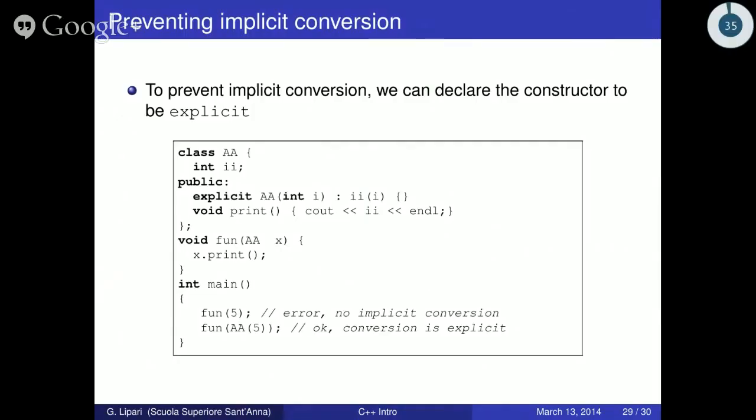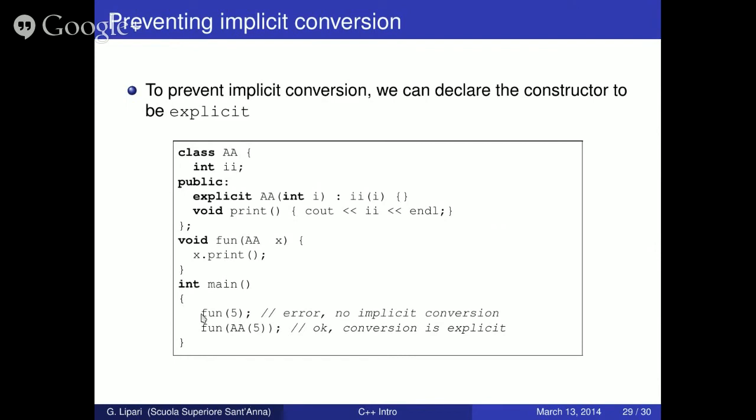So to prevent this kind of implicit conversion, we can use the keyword explicit. So basically in front of the constructor you write explicit. And this means that the compiler is not allowed to implicitly convert 5 into an object of type AA. Okay, that's not allowed.